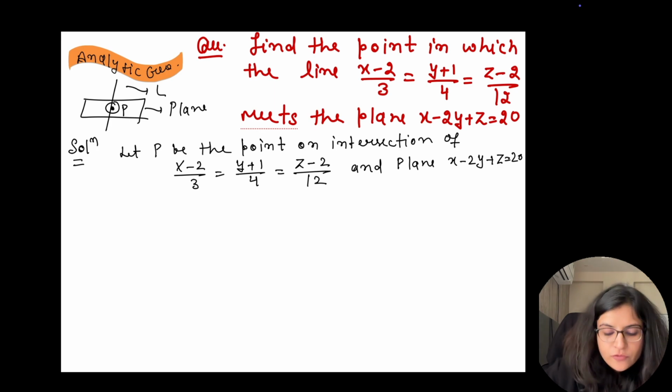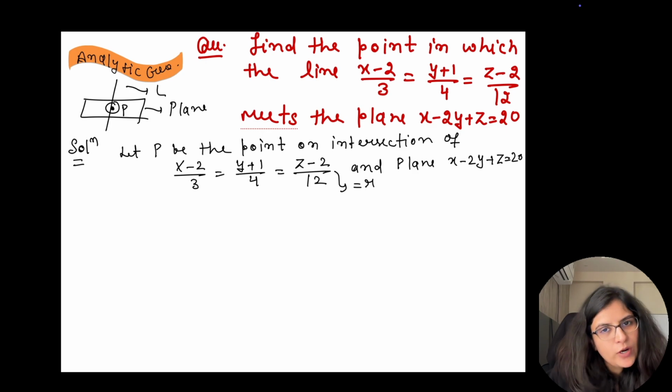Now whenever you have to find any arbitrary point on the line, you put this symmetric form equation equal to r. R basically represents that point.